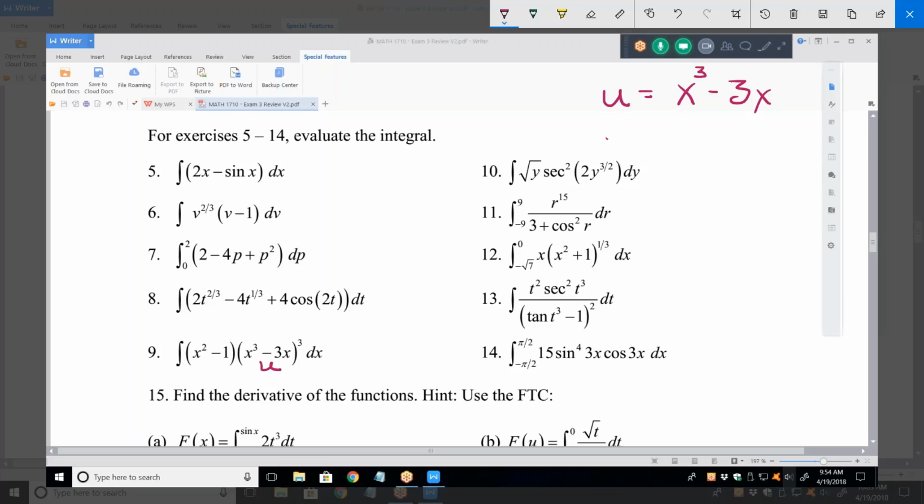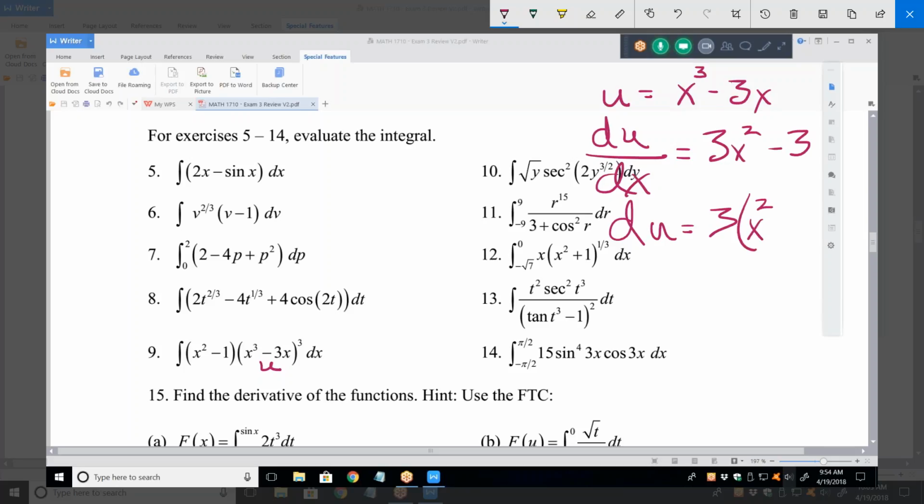Well, what does that make du dx? Wouldn't it just make it 3x squared minus 3? Which makes du be 3 times x squared minus 1 dx.